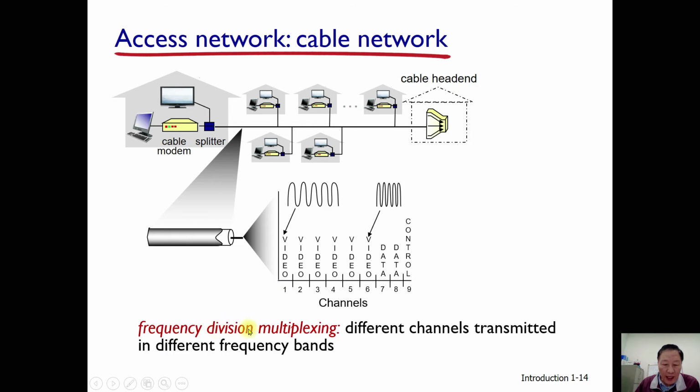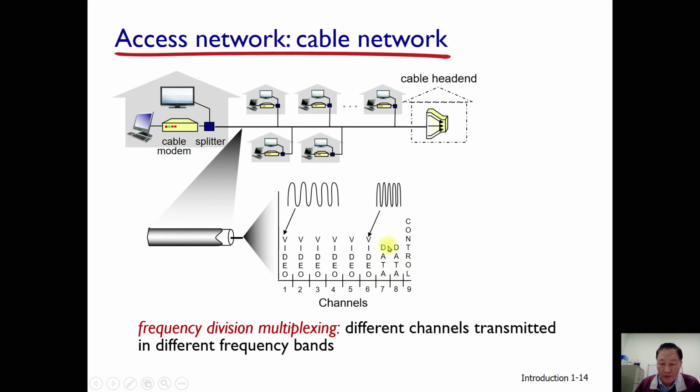Here, FDM, based on frequency division, different channels are provided. Different channels are transmitted in different frequency bands, like this. This is the frequency range, and in different frequencies, different video channels are serviced.